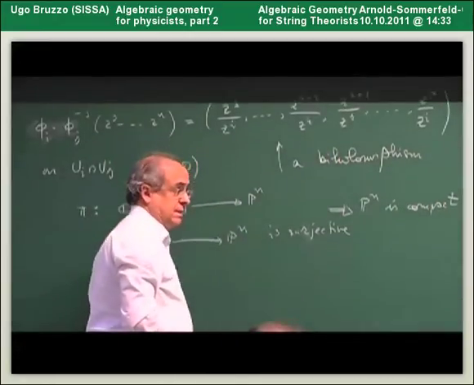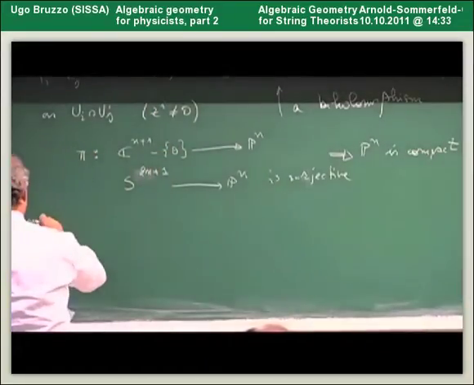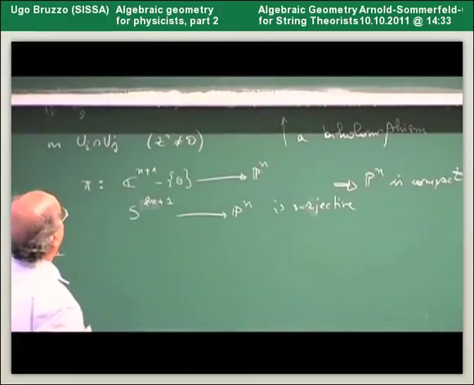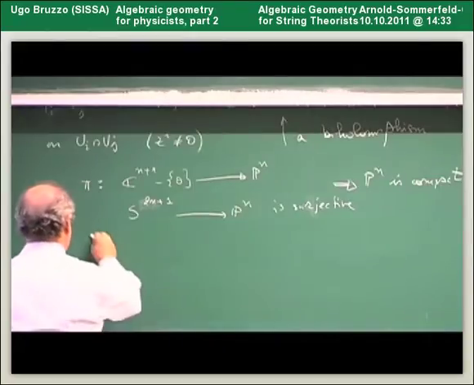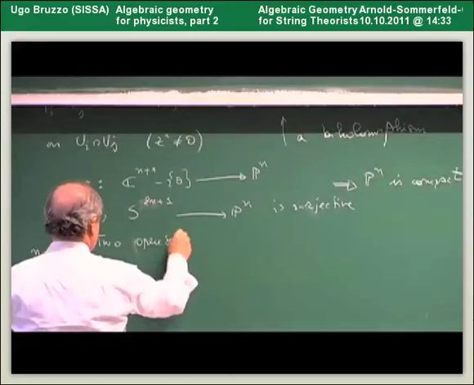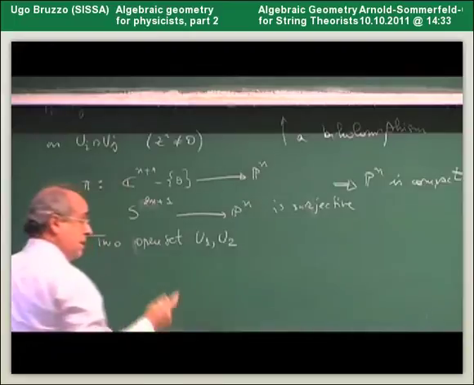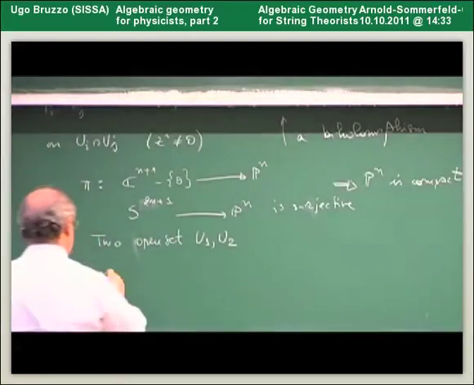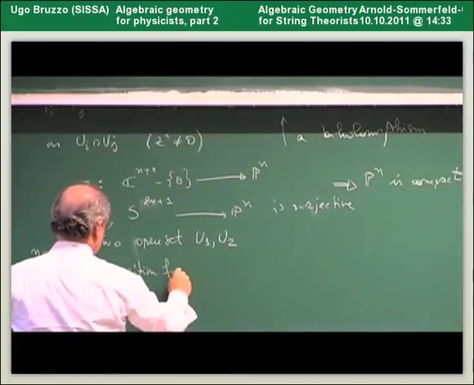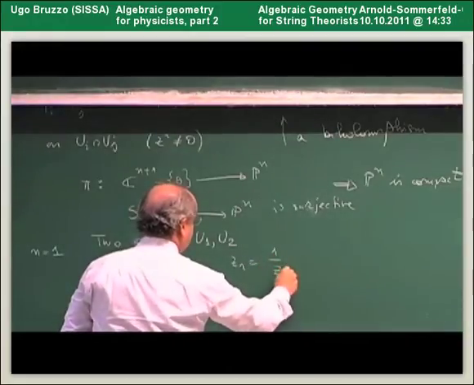And also, if you take n equal to 1, you just have two open sets, U1, U2, and you just have one transition function which is something like Z1 is 1 over Z2.